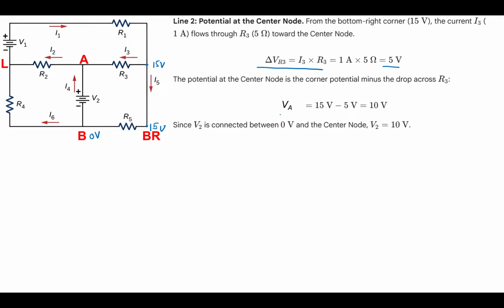Okay, so VA is going to be 10 volt. And then what we know is that V2 is connected between the 0 volt and the 10 volt. We know that, okay, this is the 10 volt. So now it's time to find out what alpha is, okay, for this loop.